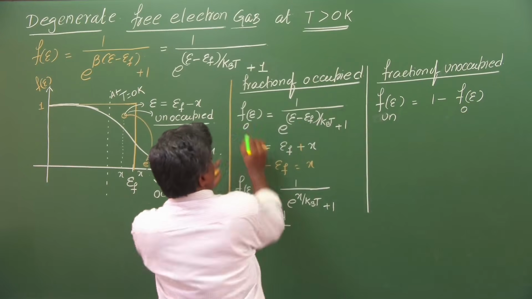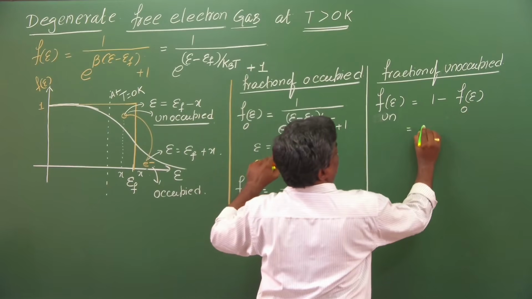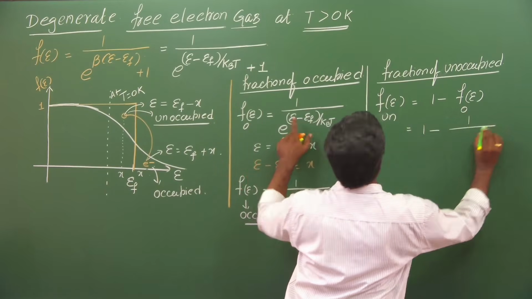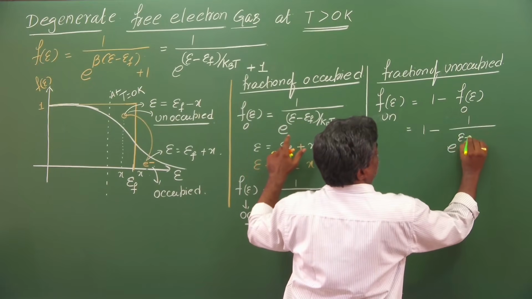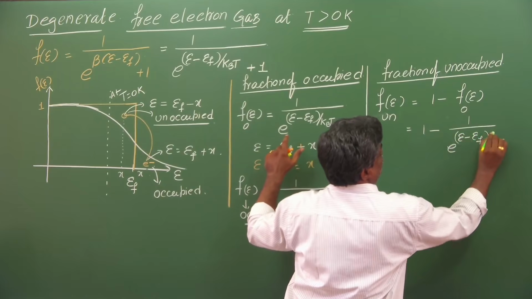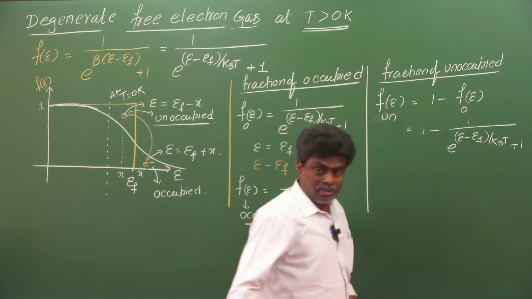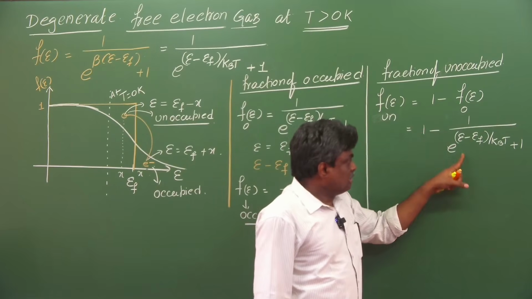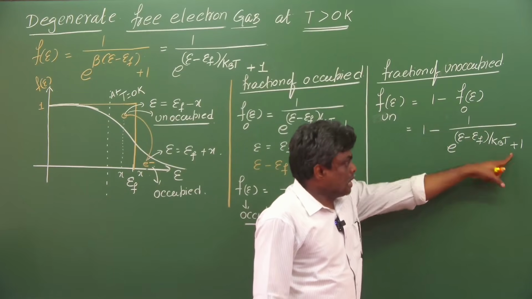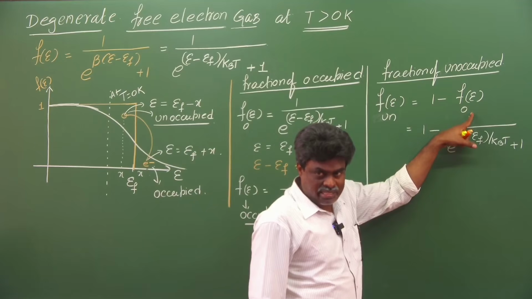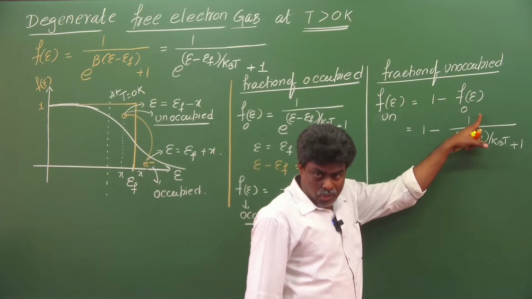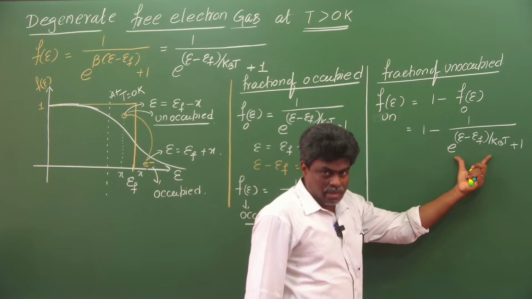That is 1 minus 1 by e raised to (E minus EF) by KBT, plus 1. If you take the LCM, the plus 1 and minus 1 cancel, the exponential remains in the numerator and the denominator is as before.